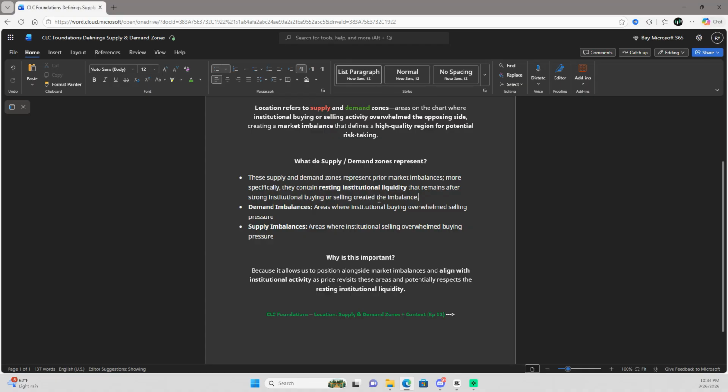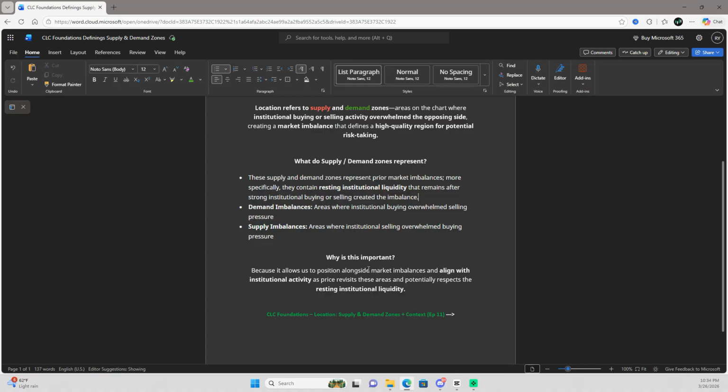But back to the point here, I say that these institutional orders create the imbalance, right? They have so much size, so much capital that they manipulate price, they engineer these levels, they create the imbalances within the market. So institutions create these levels and they trade with such large size that price moves away before they can get all of them filled.